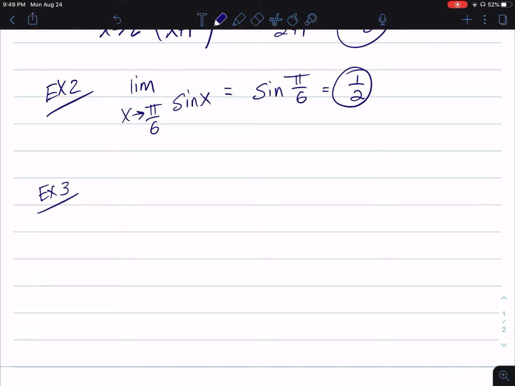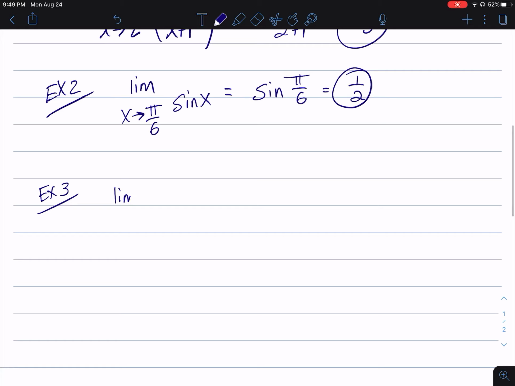All right, example 3 here. So if we have the limit as x approaches 2 of x squared minus 4 over x plus 2. And this should actually be as x approaches -2.